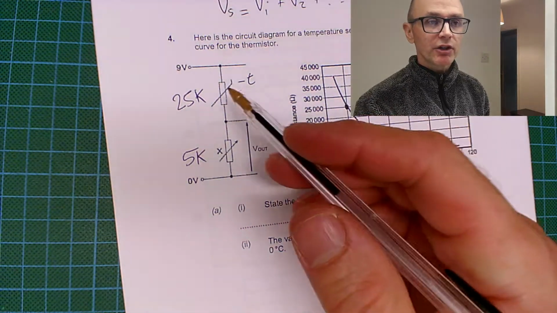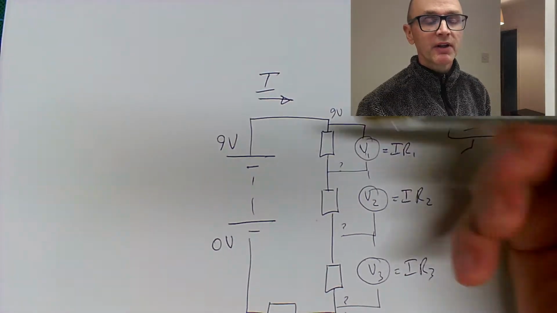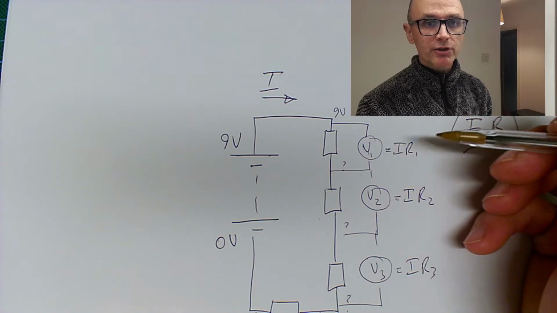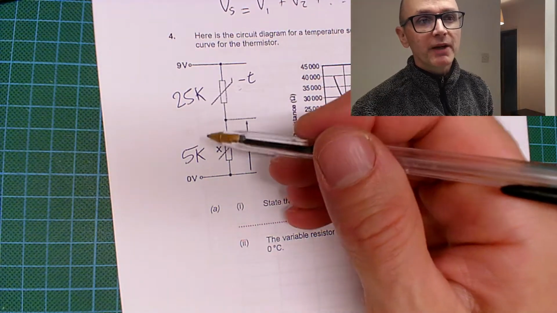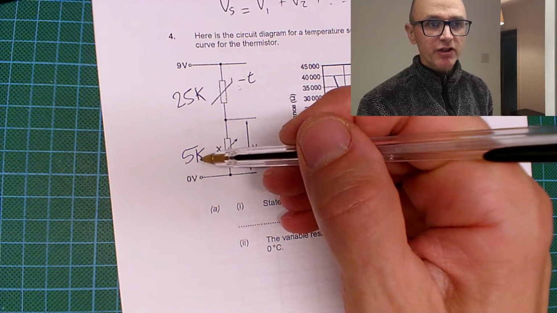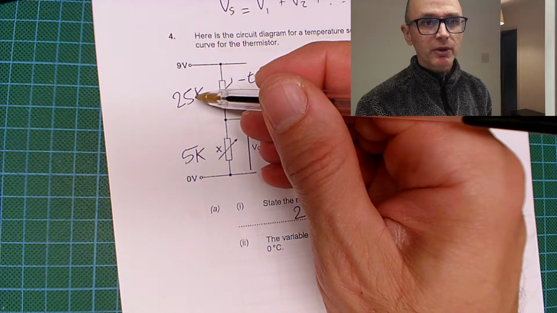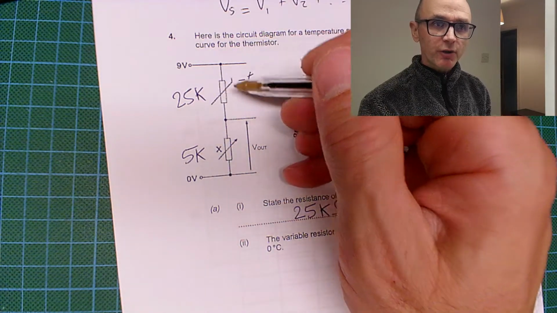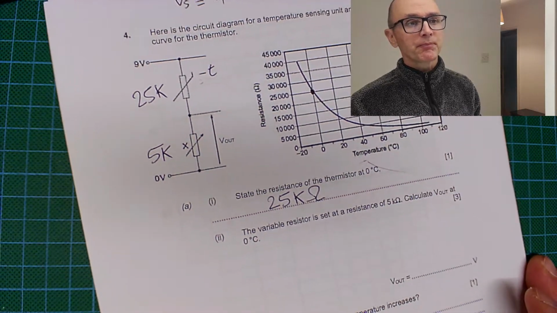Okay. Now, so hopefully you can see that, going back to what I was talking about earlier, that voltage drops are going to be proportional to the resistances. That if this resistance is 5 times bigger than this one, because 5 times 5 is 25, so if this one is 25, then presumably this voltage drop is going to be 5 times bigger than this voltage drop here.